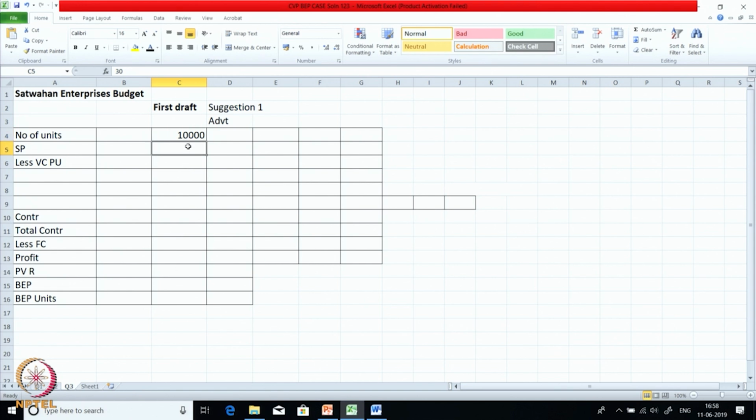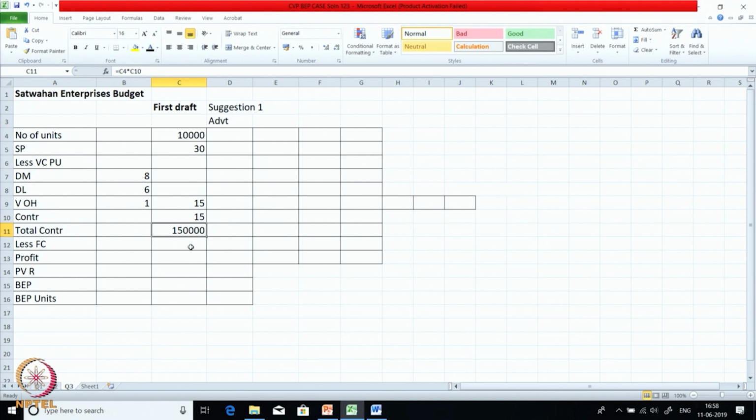Number of units are 10,000. Sale price is 30. The variable cost is 8, 6 and 1, that is 15. Contribution per unit is also 15, 30 minus 15.